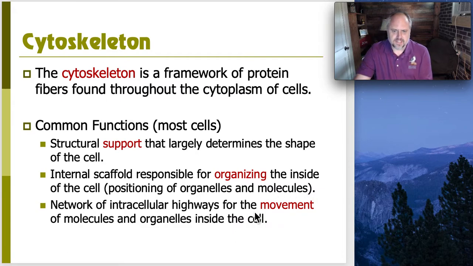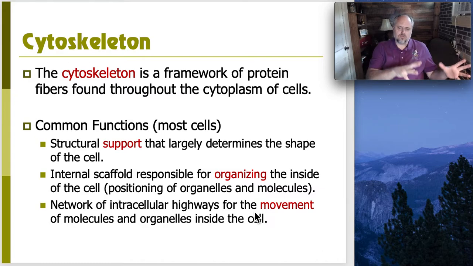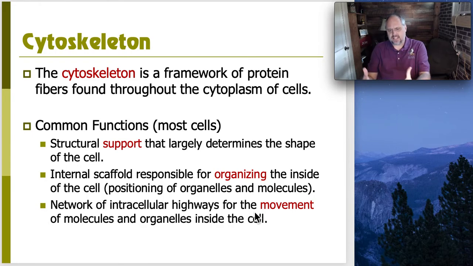If we move things around the cell, so let's say we need more mitochondria on one side versus the other, or it's not so much for us, but in plant cells, we might move chloroplasts to the side the sun's shining on.